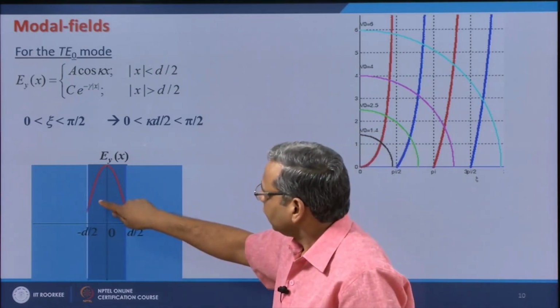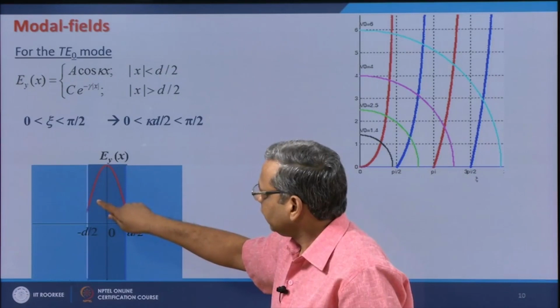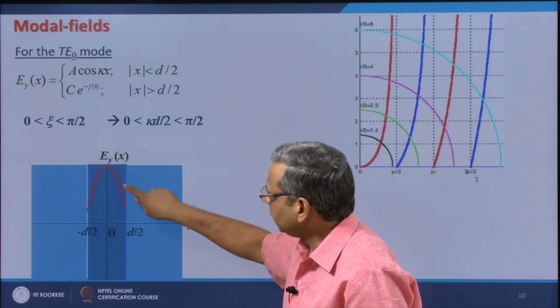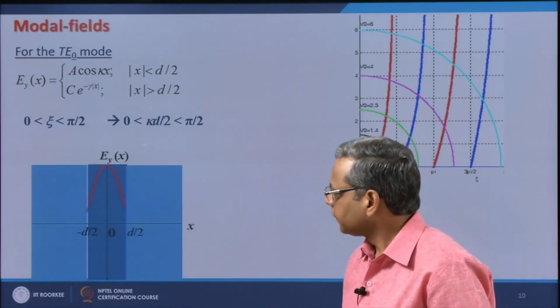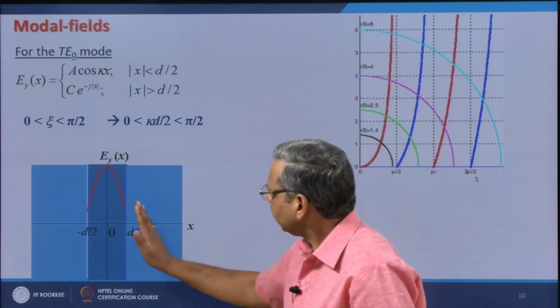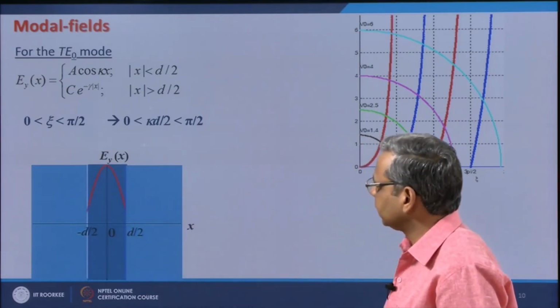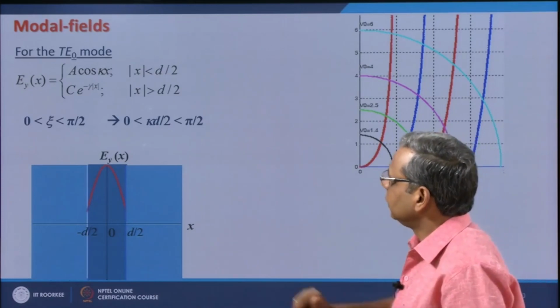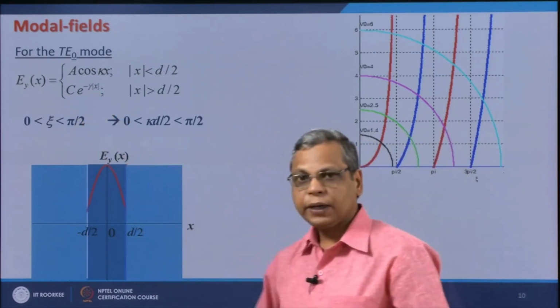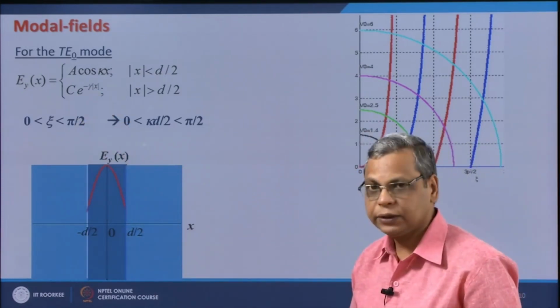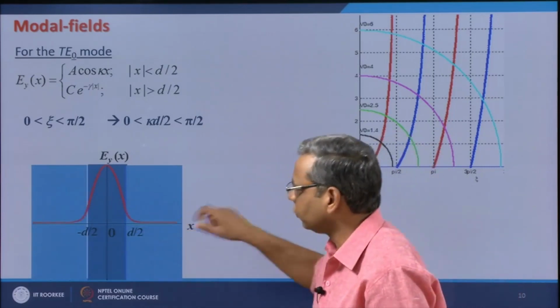So, Ey in the guiding film will be like this. And then in the lower refractive index region, the exponentially decaying solution will take over and it will go like this.